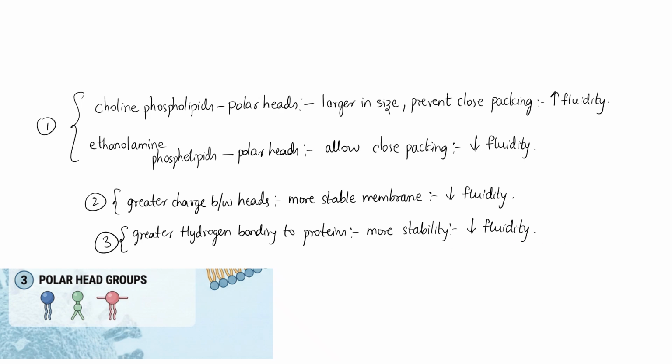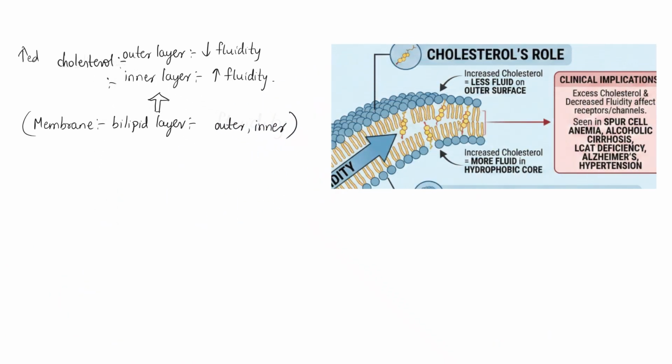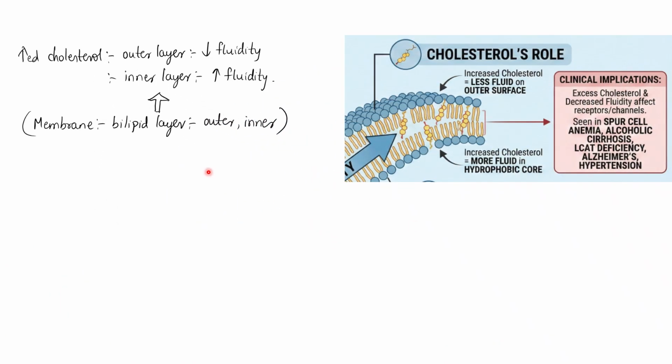Then the next thing is content of cholesterol. If the cholesterol level is more in the plasma membrane, the fluidity of the outer layer is decreased. The outer layer fluidity will be decreased if cholesterol is increased. But on the contrary, if the cholesterol levels are increased, the fluidity of the inner layer is increased.